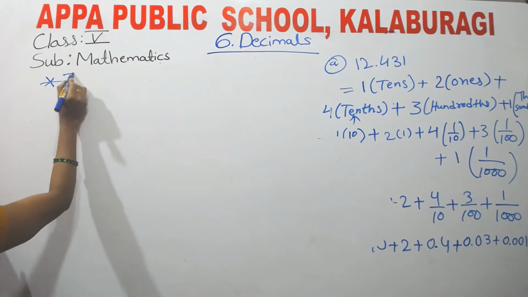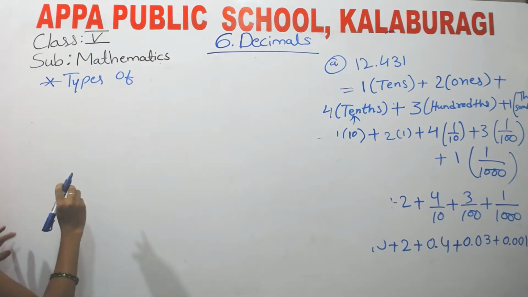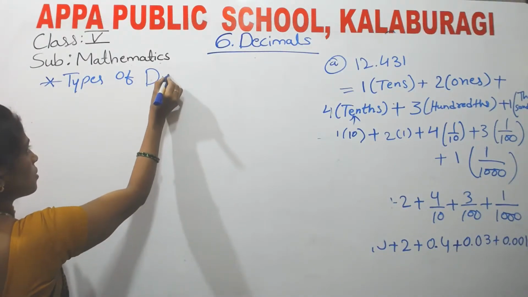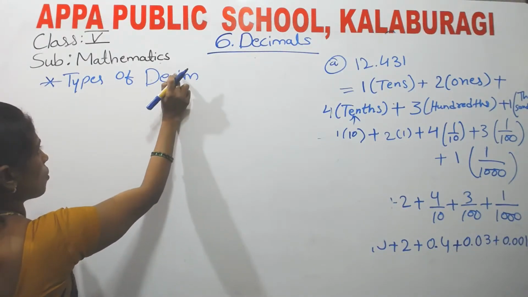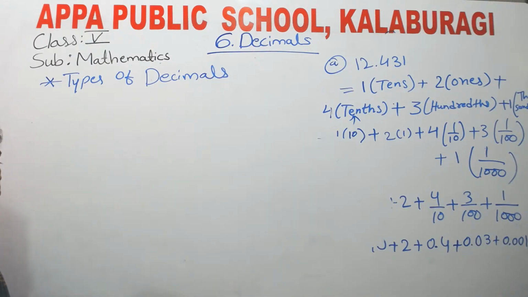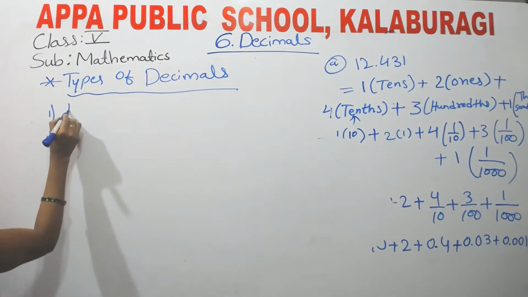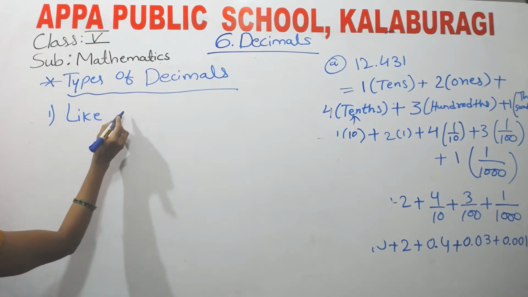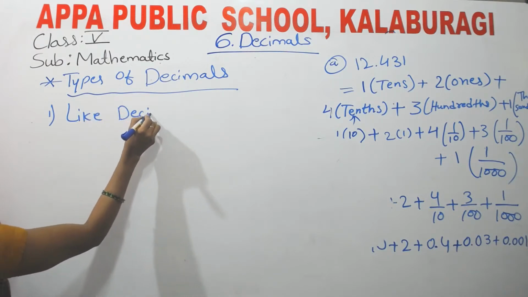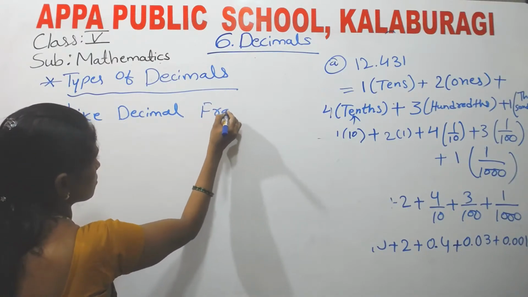Next point, types of decimals. The first one is like decimal fractions.